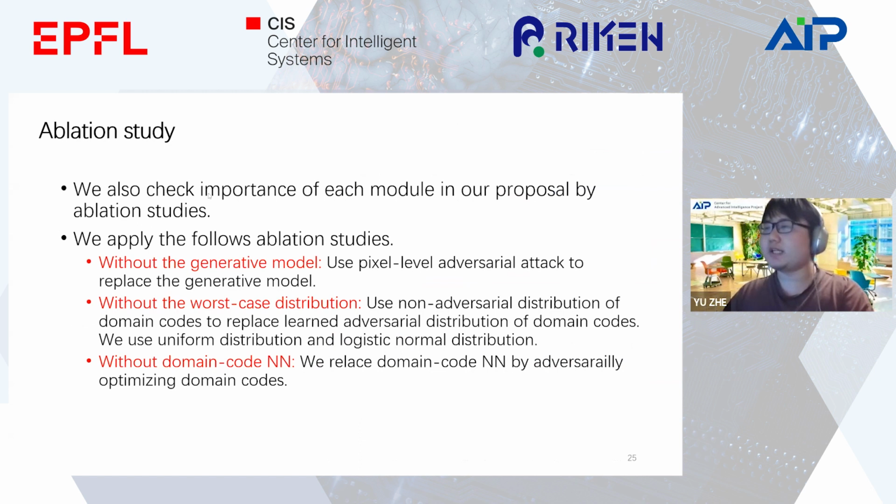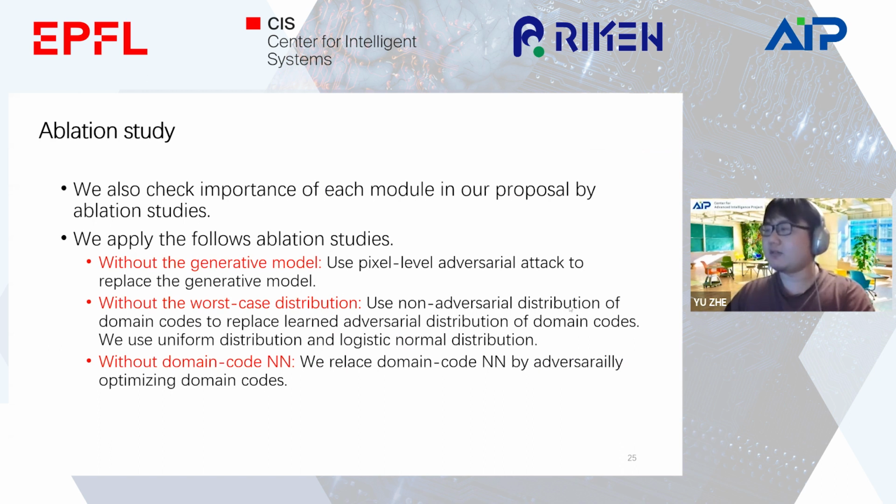And also, we check the importance of each module in our proposals by ablation studies. We apply the following ablation studies. First, we test the importance of the generator models. We use a pixel level adversarial attack to replace the generator models. And second, we test the importance of the worst case distributions.